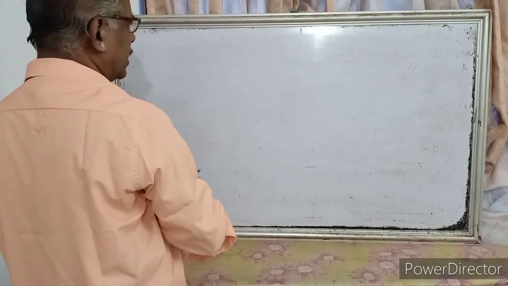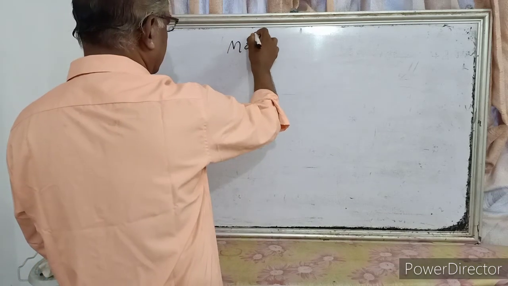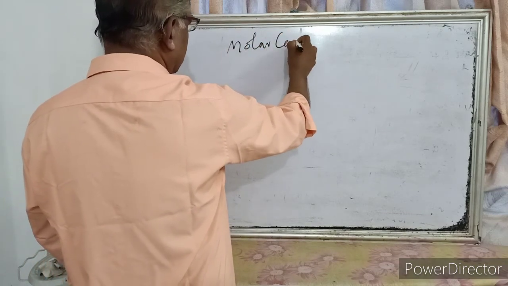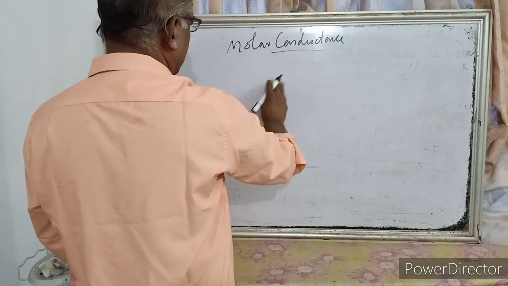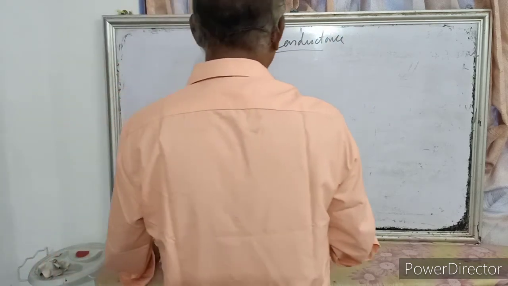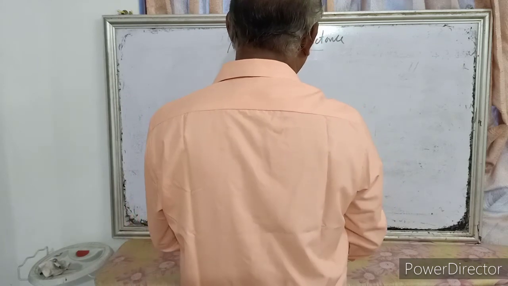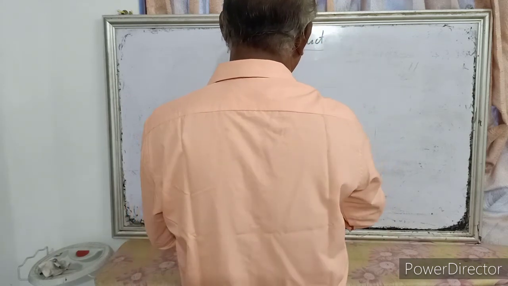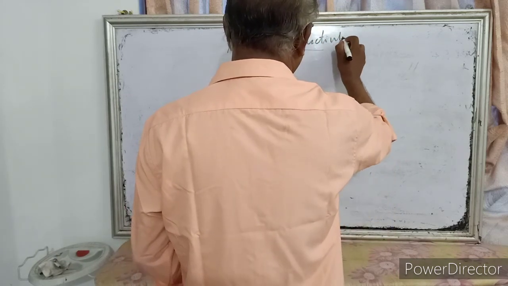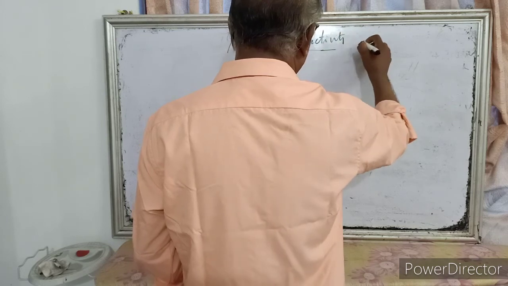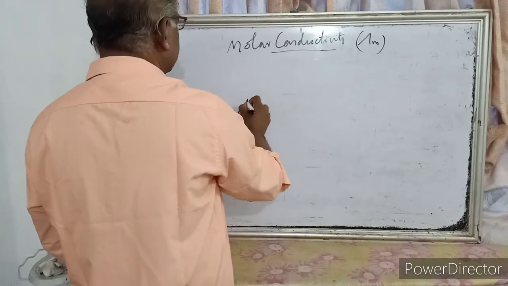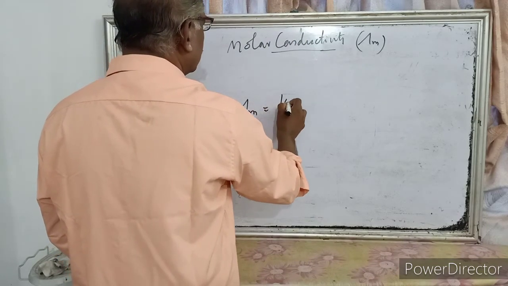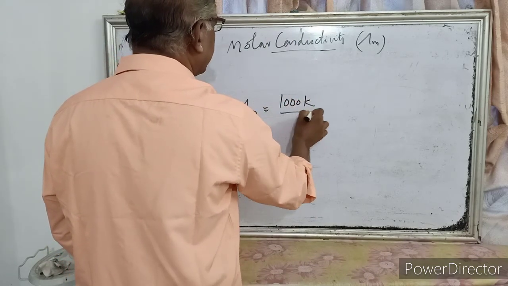Next is molar conductivity, lambda m. The equation is lambda m is equal to 1000 K by m.